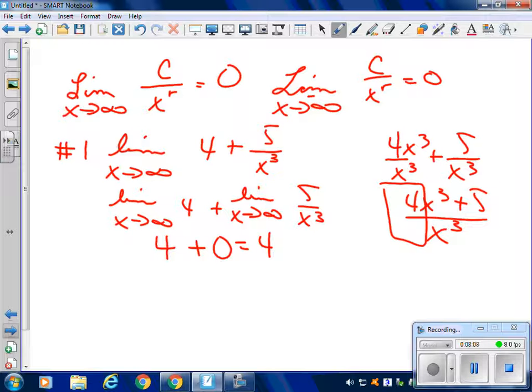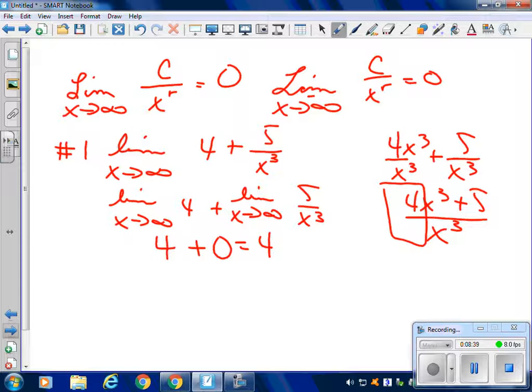So do you want me to repeat those 3 rules again? When the powers are equal, it's the coefficients in the front. When the power on top is less than the power on the bottom, then it is 0. It's y equals 0.